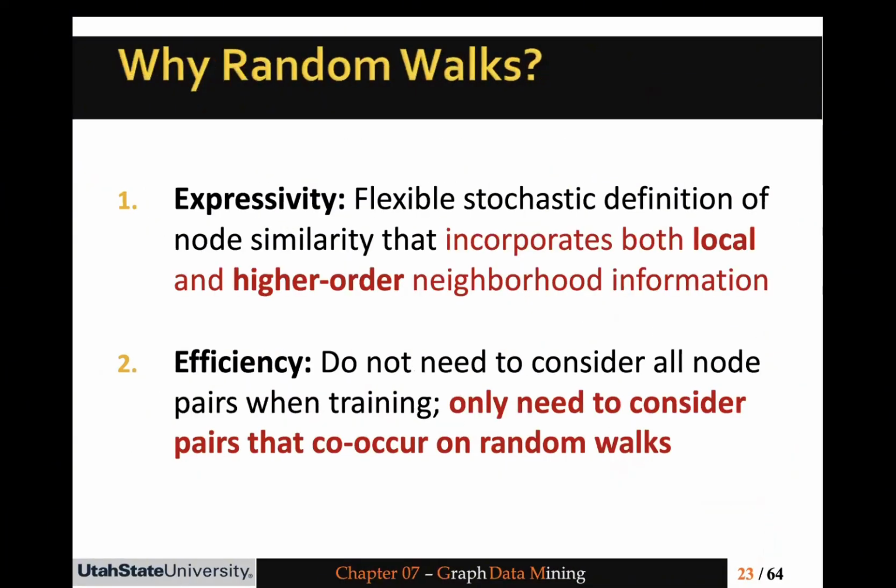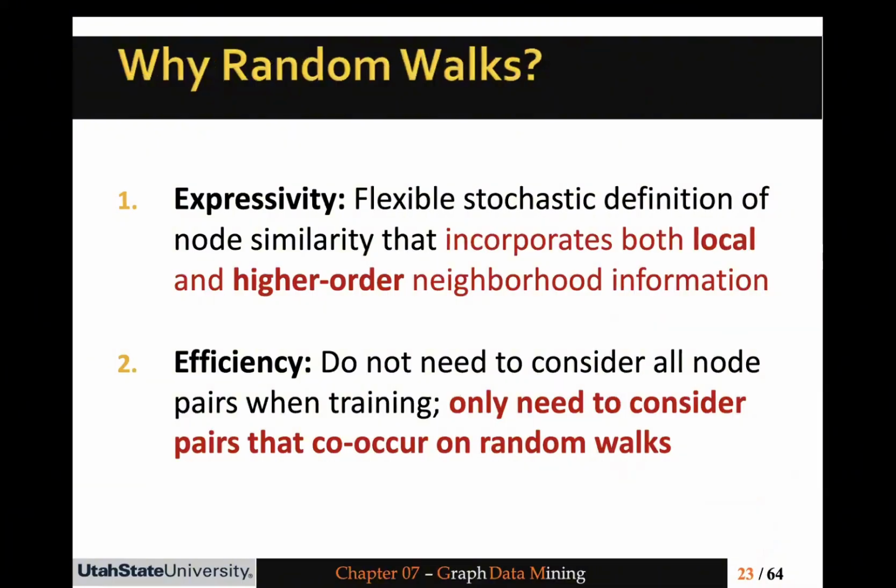Okay, so now this is a very efficient algorithm, and the question in this slide that I'm answering is: why do we do a random walk? There are multiple advantages of performing random walks and using them as a similarity function. Number one is expressivity.